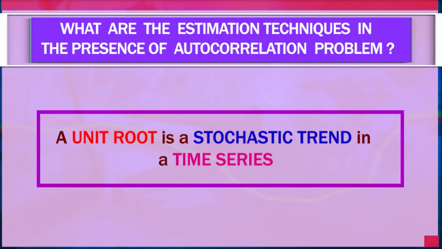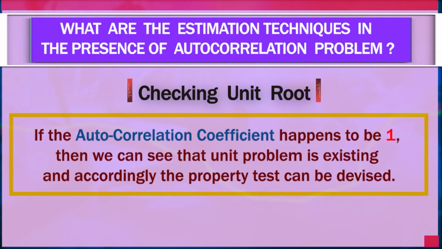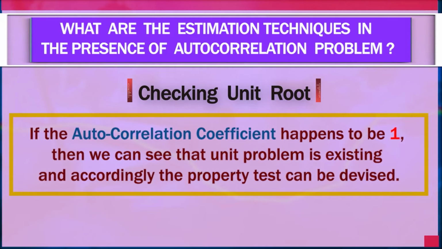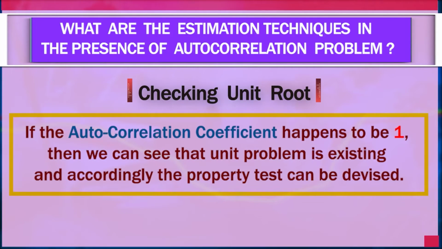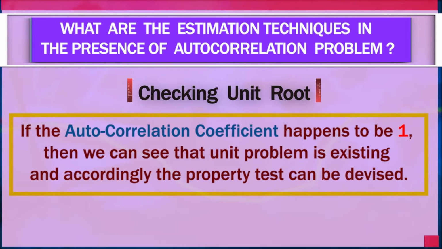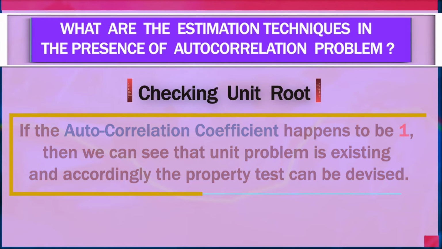If it is equal to 1, definitely ut is dependent on ut minus 1, because that is how the relationship holds. And if it is not equal to 1, then it means that there is no autocorrelation problem. So if the autocorrelation coefficient happens to be 1, then we can see that the unit root problem is existing, and accordingly the proper test can be devised.